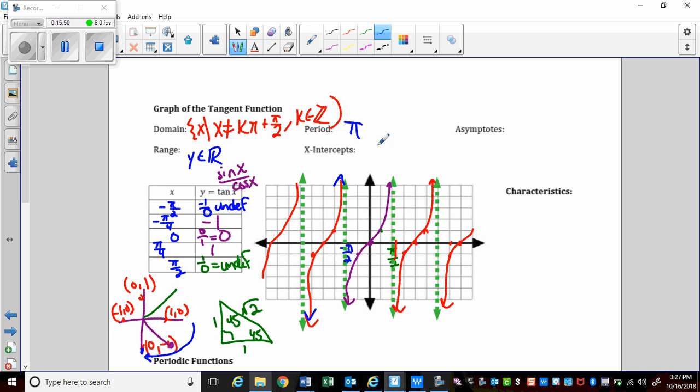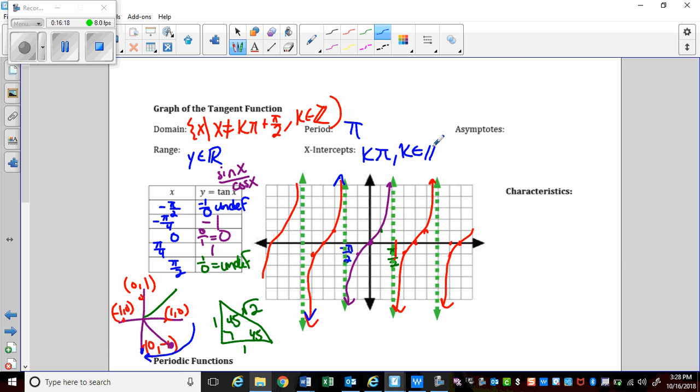My x-intercepts are going to be whenever, right here. So right here, it hits the x-axis at 0, and if this is pi over 2, 2 pi over 2, which is pi, it hits the x-axis. So we're going to say k pi, multiples of pi, every multiple of pi, as long as k is an integer.